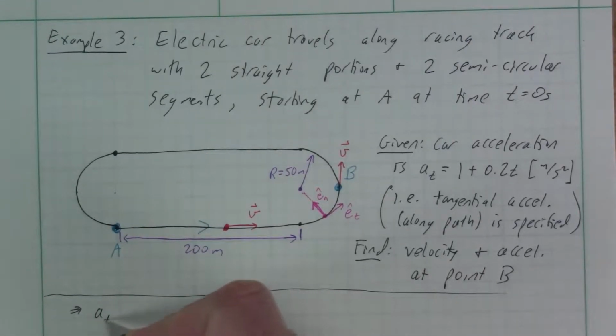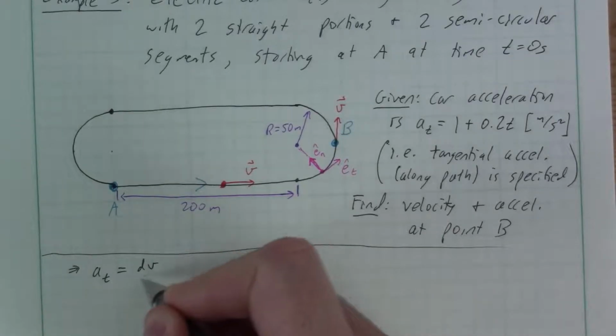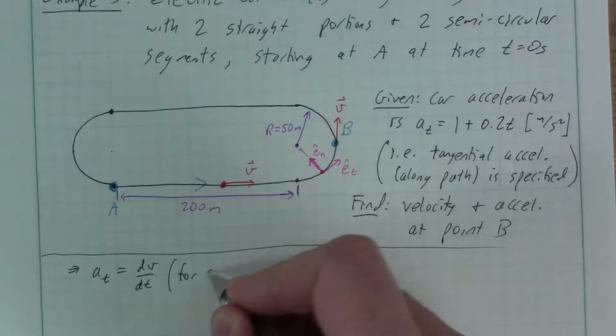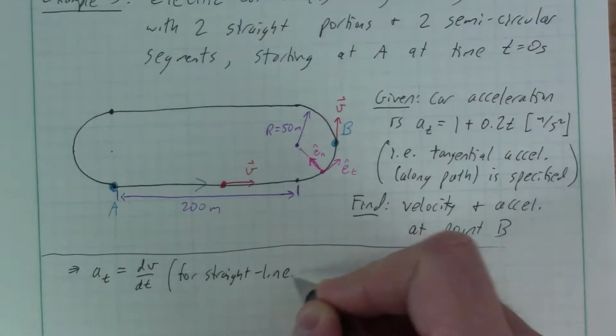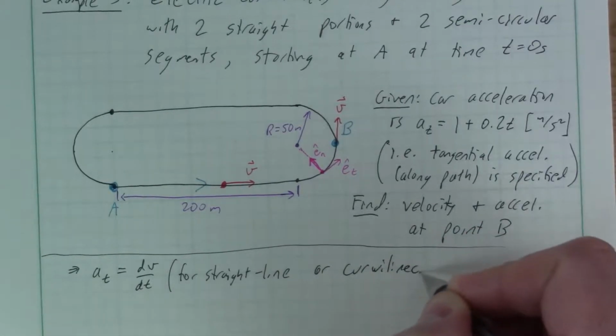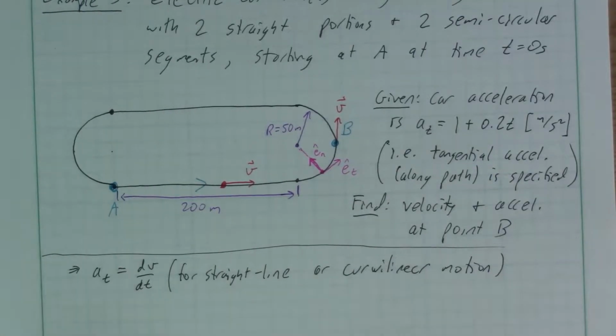Okay, our tangential acceleration, this is true no matter what. This is true for both the straight line portion, which is rectilinear, or curvilinear motion. The tangential acceleration is always dv/dt. It's just that if it's a straight line, that's all there is, right?